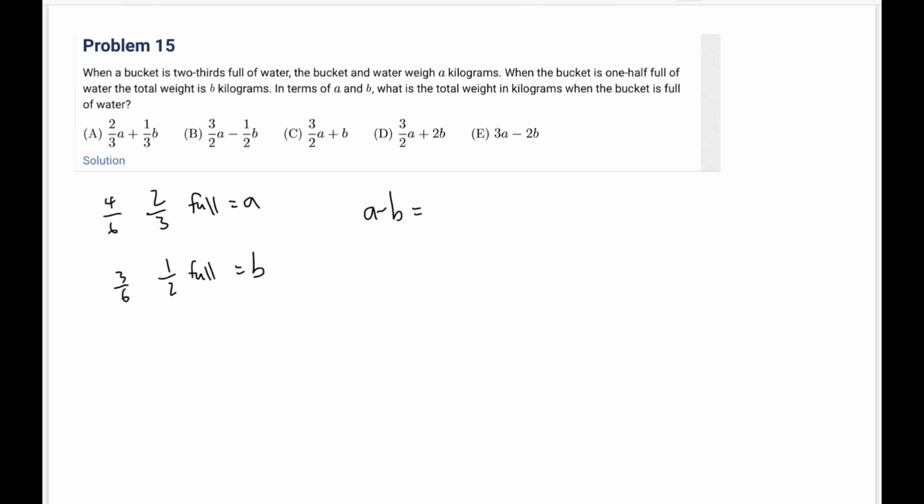So this would equal 1/6 of the water. And so full water would equal this times 6, right? So it's 6A minus 6B. No, it's 3 times A minus B, right? Yeah.